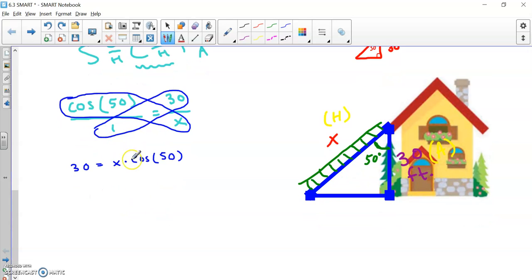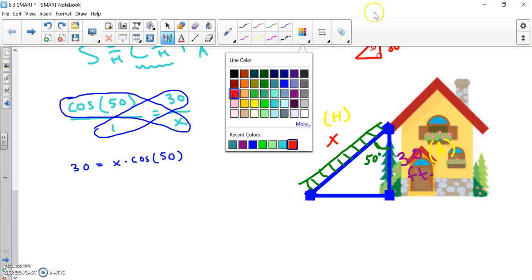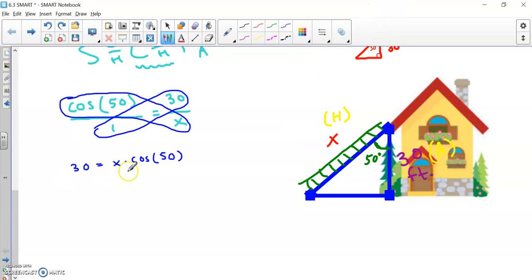To get X by itself, we notice that it's being multiplied by cosine of 50 right now. So to move it away, we need to do the opposite, which means we have to divide by the cosine of 50. If we divide both sides by cosine of 50, here it'll cancel out, which is the whole reason we're doing it. And here we get what we need to put in our calculator.